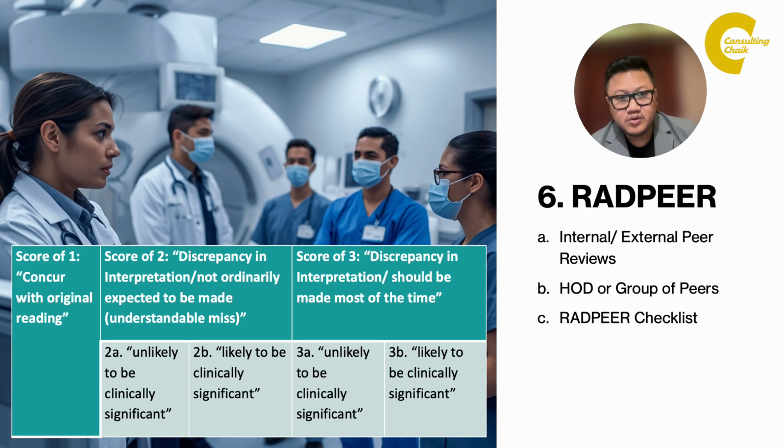When you have more 3Bs, you'll see the problem there, which should not be the case. It is not a fault-finding exercise, but it is to identify where the problem is, where we can make improvements.